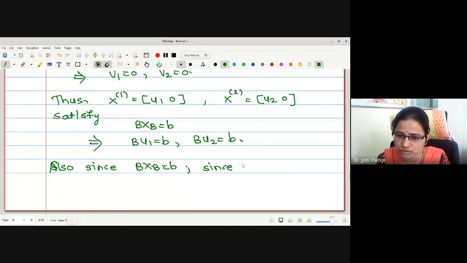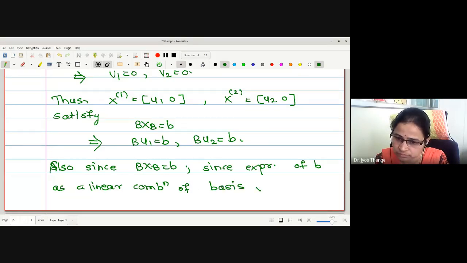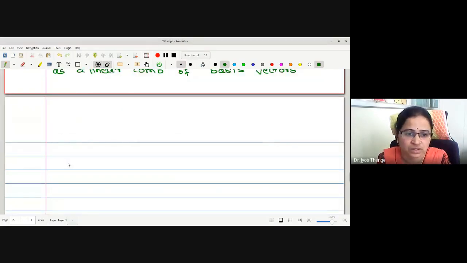Whenever we write b as a linear combination of basis vectors, that combination must be unique.